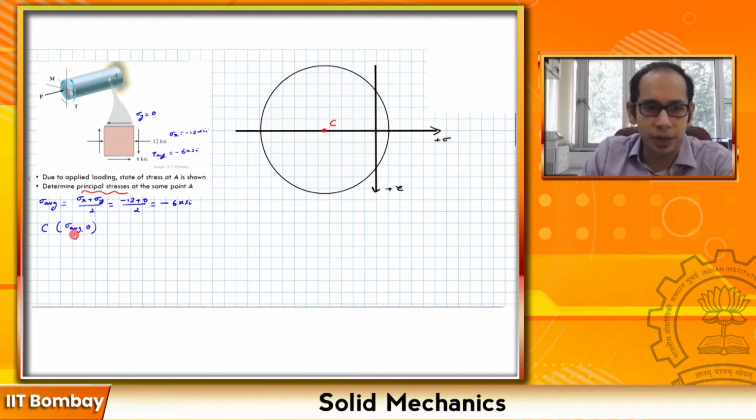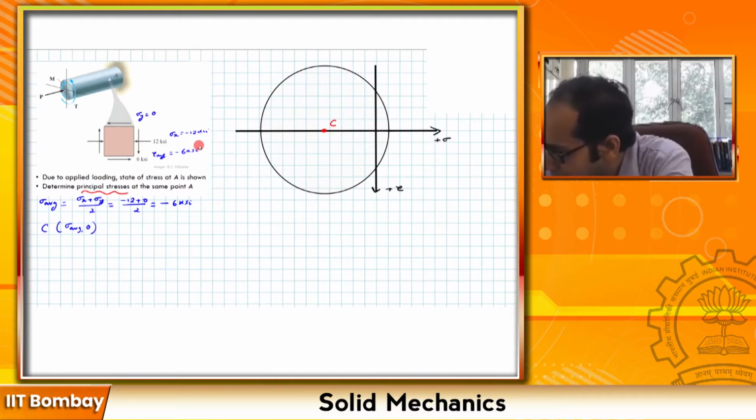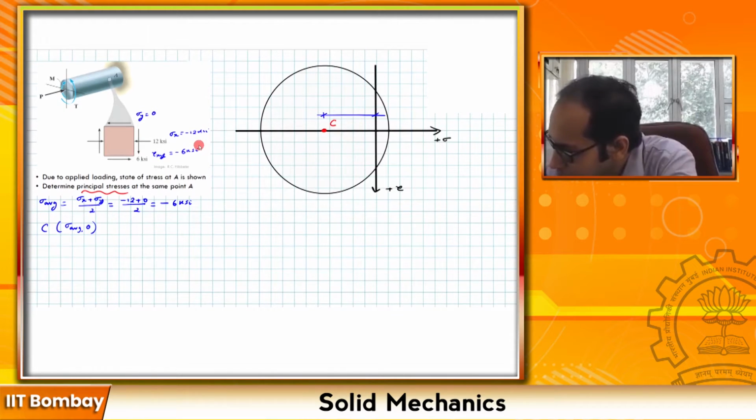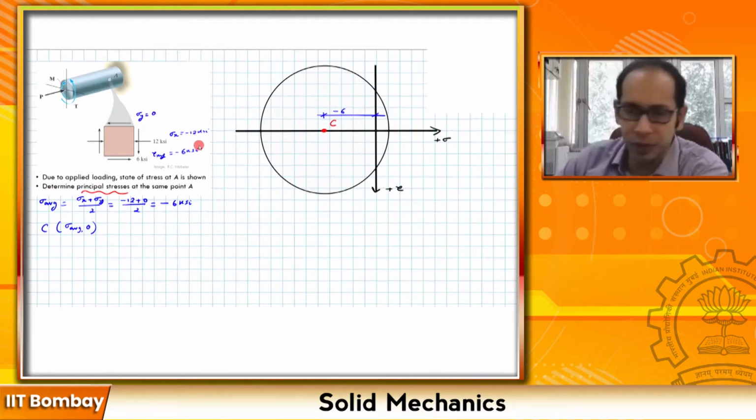The distance from the origin of your coordinate system to C is this value of minus 6. So let's go ahead and mark that as well. This distance from the origin to C is a value of minus 6. So the point C is sigma average comma 0.